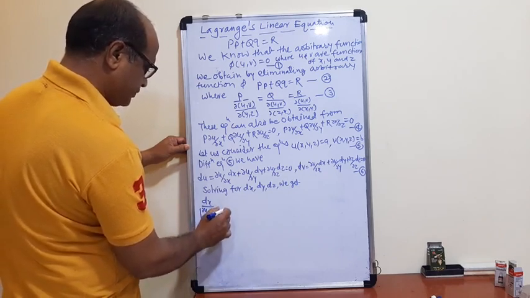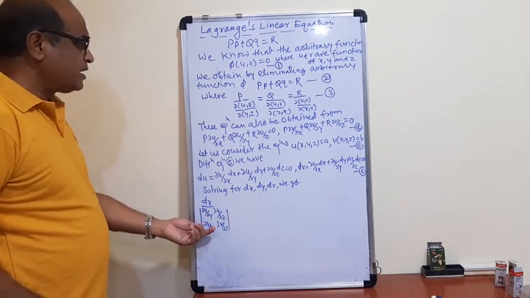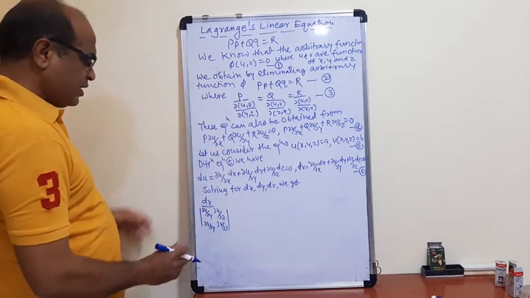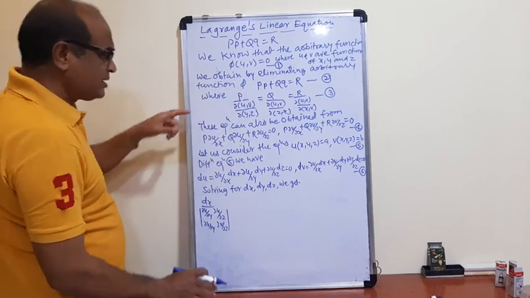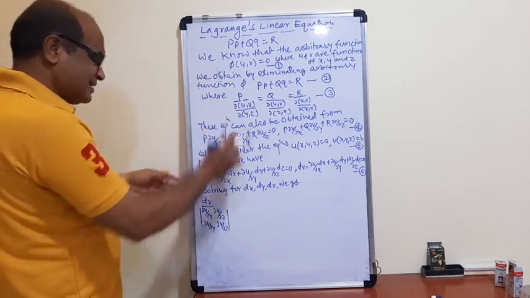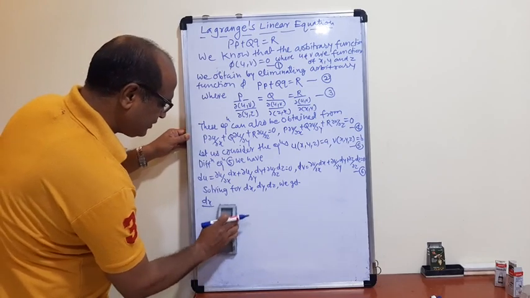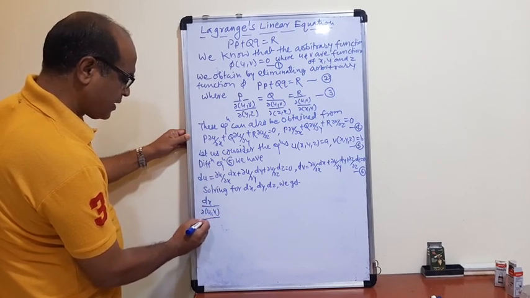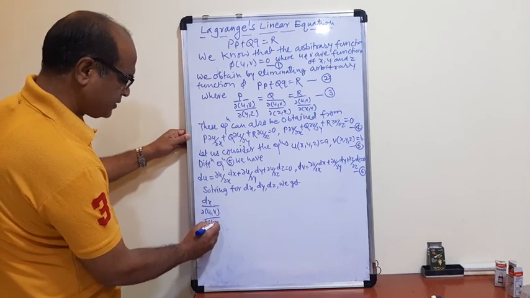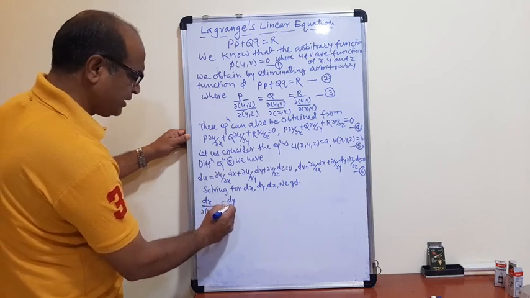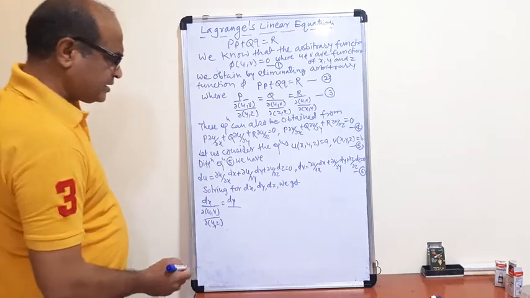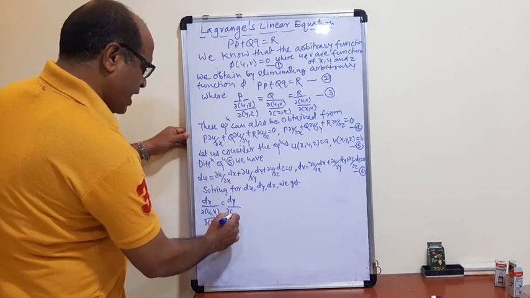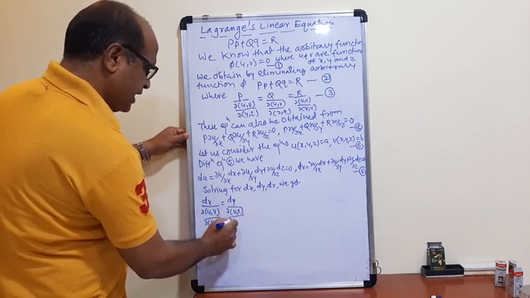This is the Jacobian, which we write simply as dou(u,v) by dou(y,z). So dx upon dou(u,v) by dou(y,z) is equal to dy upon, and similarly, solving this equation for dx, dy, dz, we get dou(u,v) by dou(z,x).